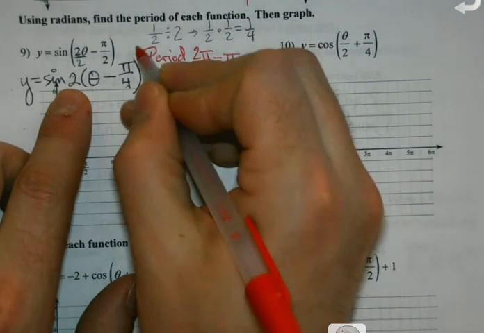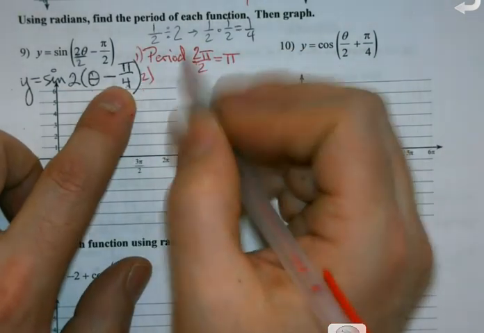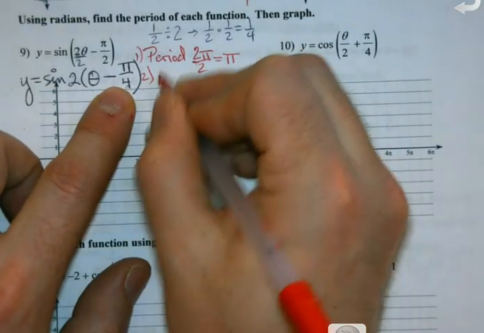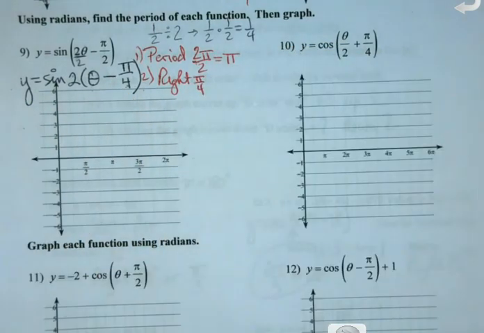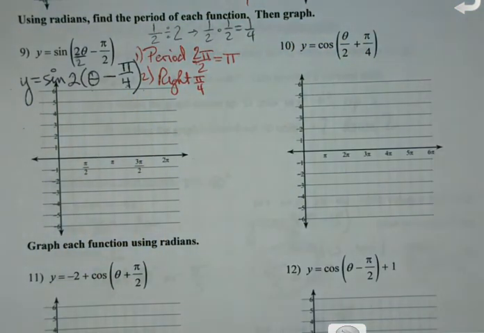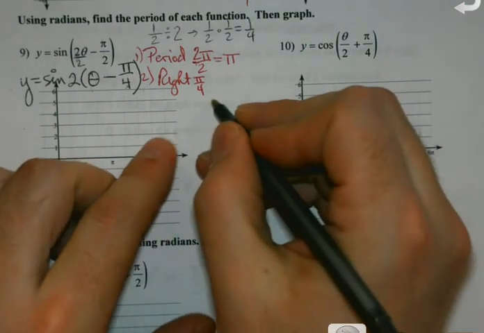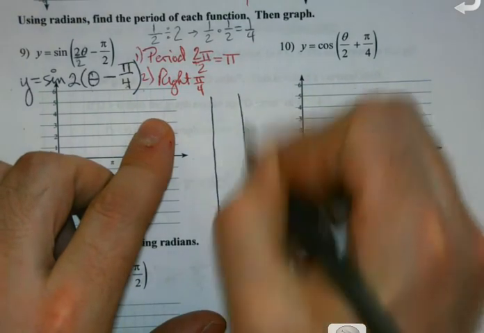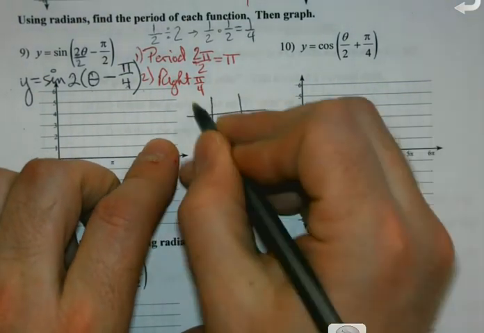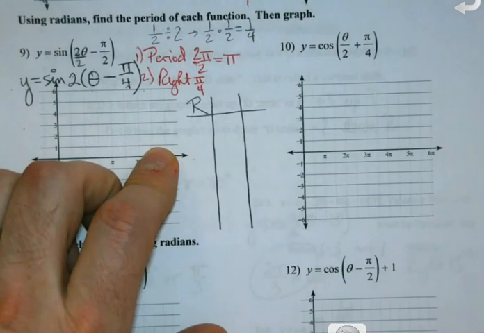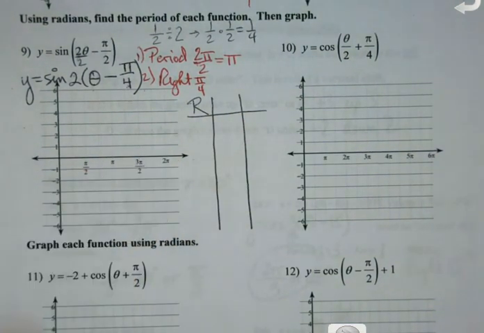And I also know that I'm going to be shifting my graph right pi over 4. Okay, those 2 things are changing this time. Now we've done the shift left-right thing already, so that one I think we're okay on, but we'll see. So when I go to do my columns, I'm going to be cutting all of my degree measures for radians in half.